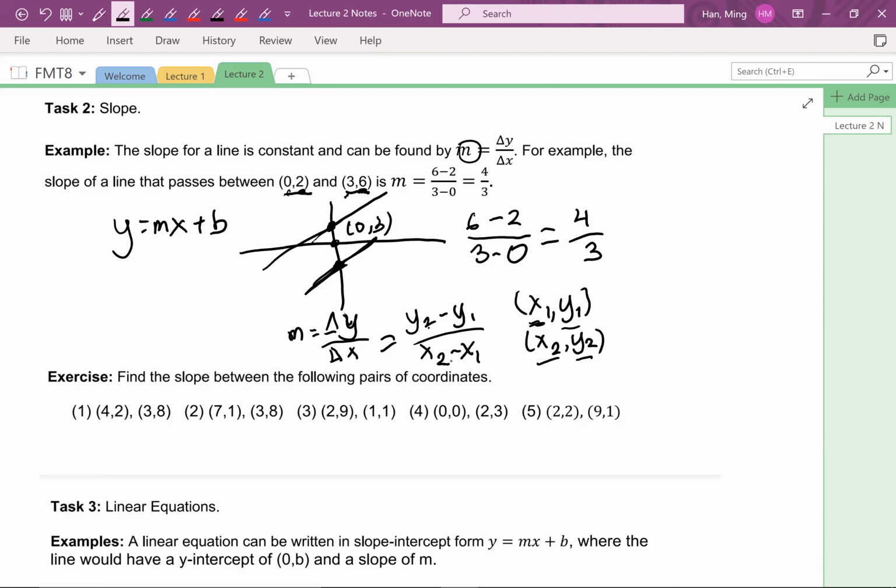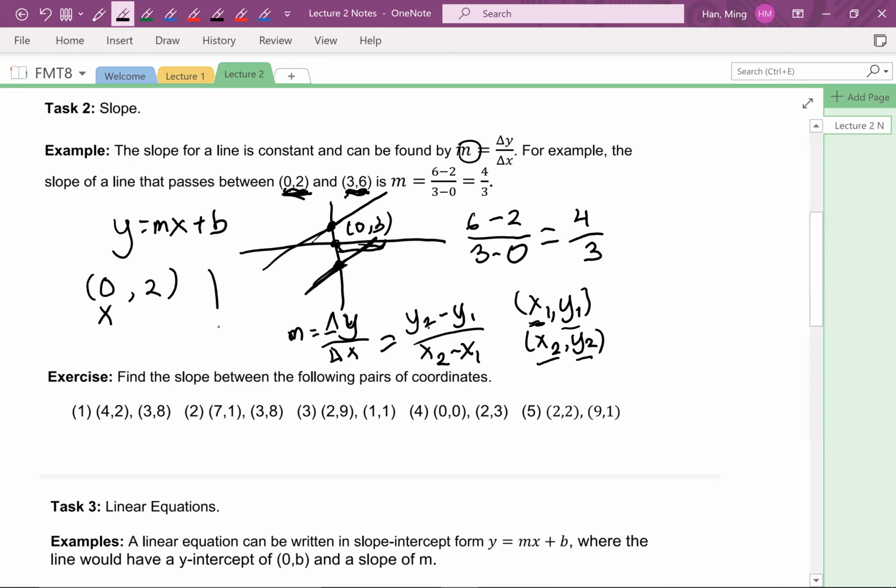So for the example that I had above, is it for these 2 points here? Yeah. Okay, well, it would actually be 6 minus 2 because the 0, so if I write this out like here, 0 would be the x value, so how far you go along the axis.